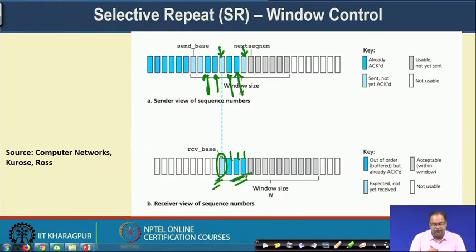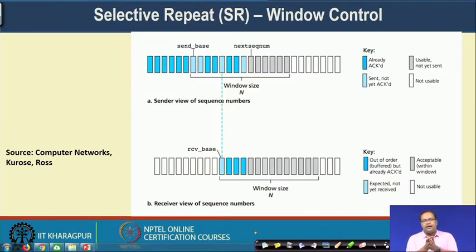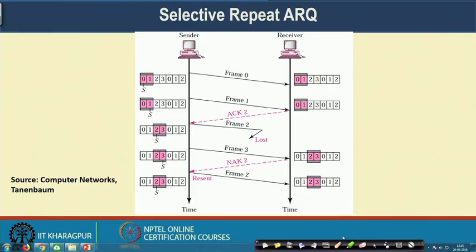So, you put those frames in the buffer and send the acknowledgement for them. So, that is the view of the window for the sender and the receiver, where certain intermediate packets got acknowledged and some packets did not get acknowledged, and the packets which did not get acknowledged need to be retransmitted. So, this is the idea of the selective repeat ARQ.